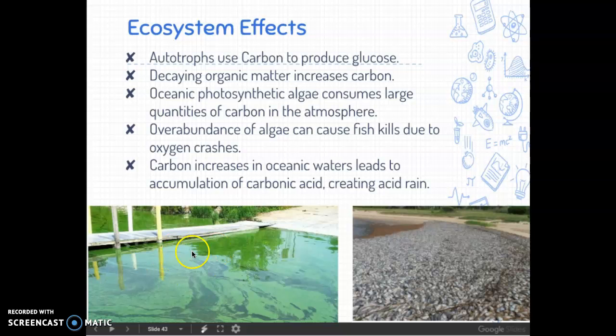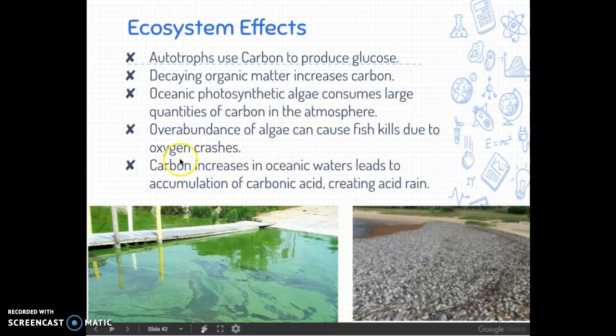And once they start consuming at a large quantity, this will cause fish kills because the dissolved oxygen in the river will crash. And here's a picture of a lot of dead fish on a beach. So this has a lot of effect on the overall ecosystem.